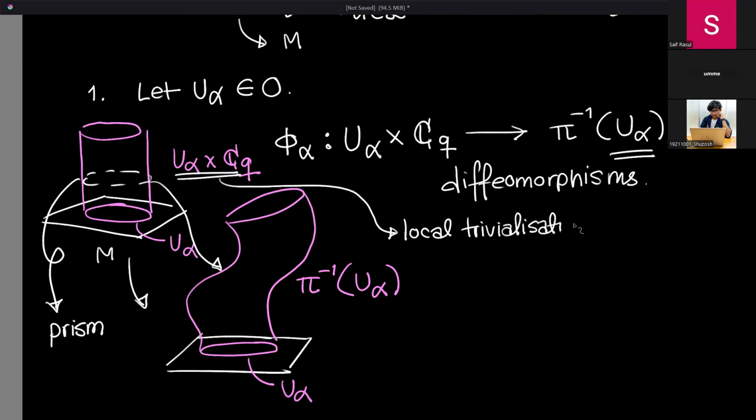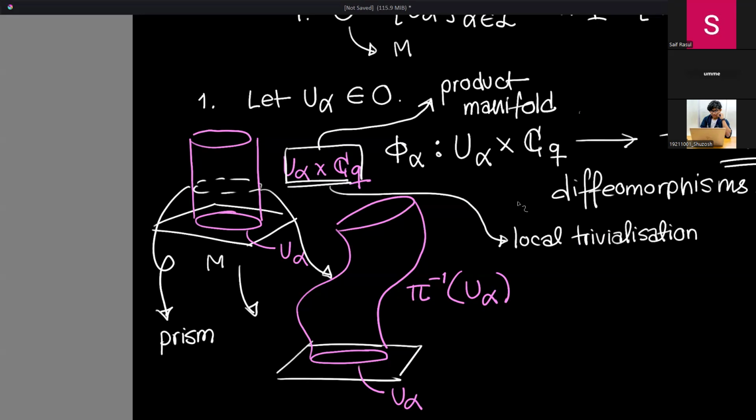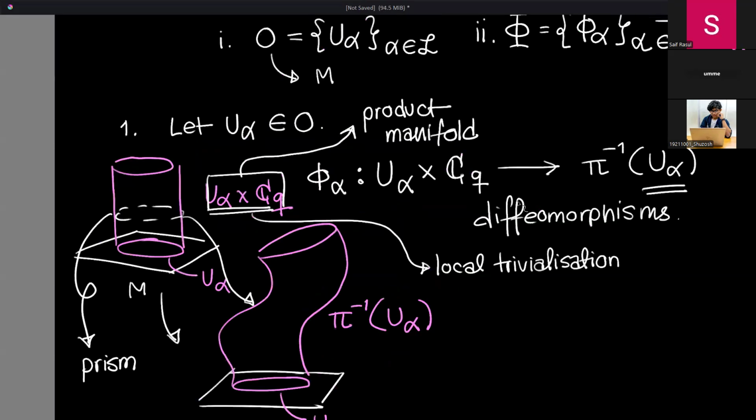The reason it's called a local trivialization is because this object is actually something called a product manifold. We didn't have enough time to get into this during our discussion of real differential geometry, but we'll describe it briefly. It's the product of two manifolds, which produces another manifold, and this is a simpler structure.